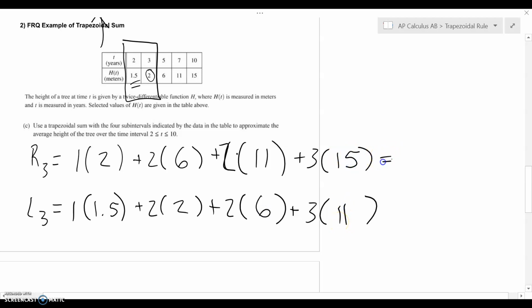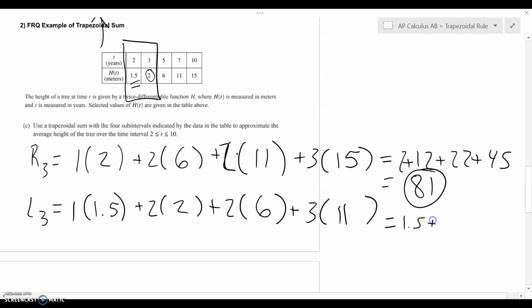Same process, let's add these up. We have 2, 12, 22, and 45. And when you add all those together, is that going to be 81? And then we do the same thing with the left edge, and they got tricky. They gave us a decimal, so let's do the other ones first. Let's see, 1.5, we've got a 4, a 12, and a 33.